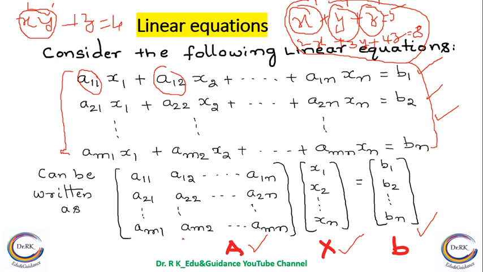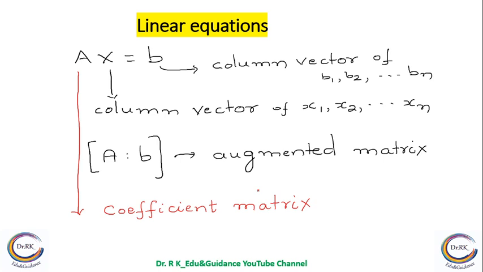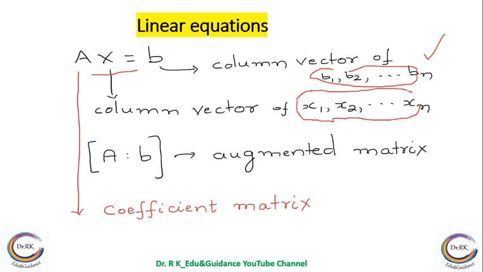So the first thing we have to do is write the system of equations in matrix form as Ax equal to B, where B is a column vector consisting of b1, b2, and so on, bn, and x is another column vector consisting of all the variables x1, x2, x3, and so on, xn.